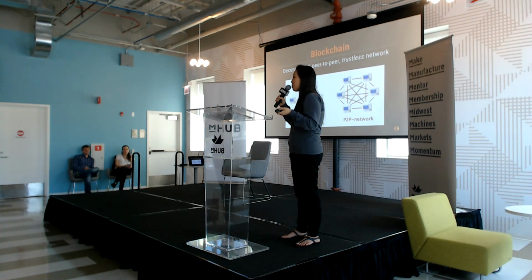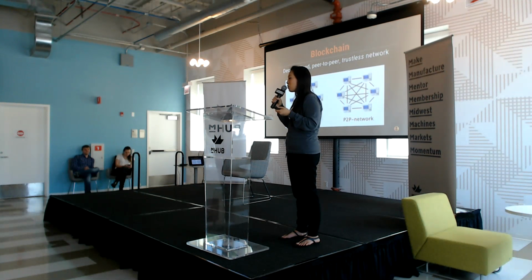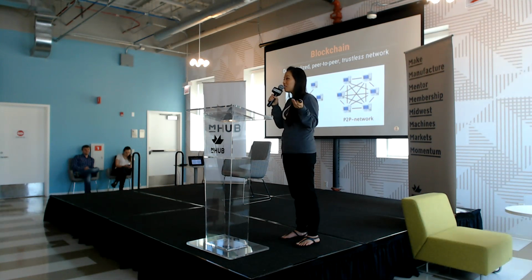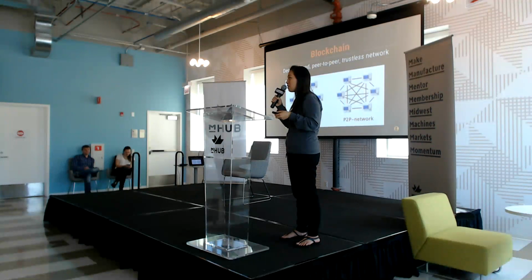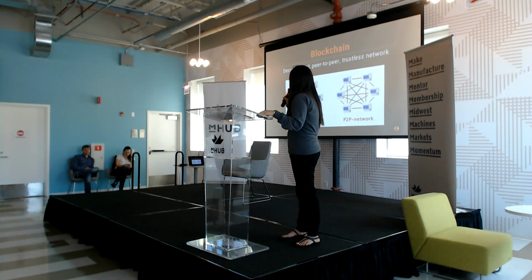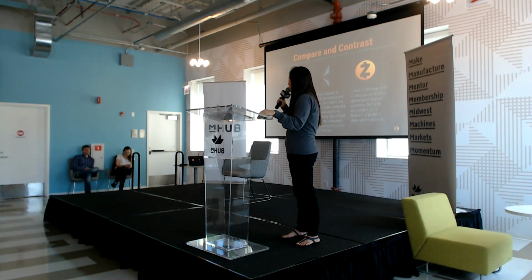And that's really great because for such a long time, we've always had middlemen that facilitate a lot of our transactions, like Amazon, or the US government being in charge of the US dollar. But now we can just directly interact with each other.